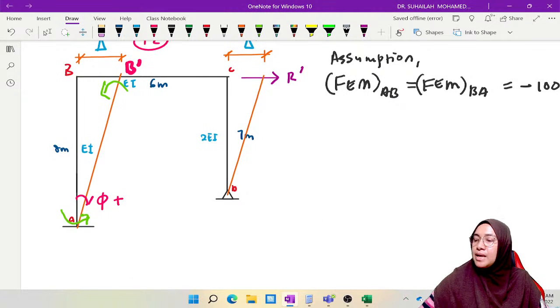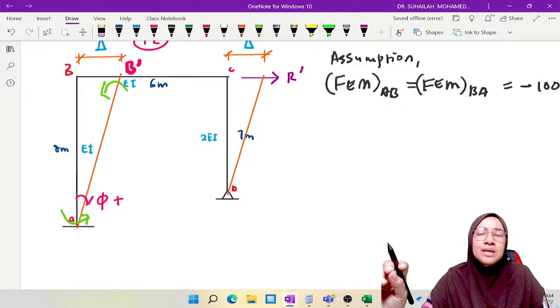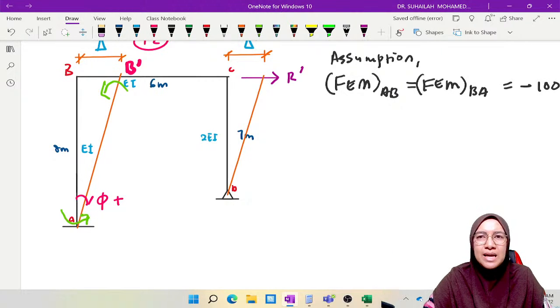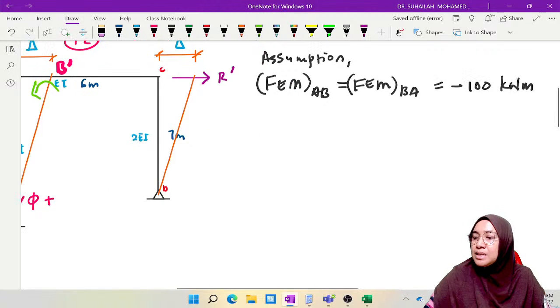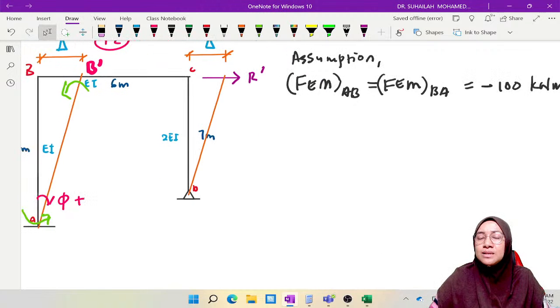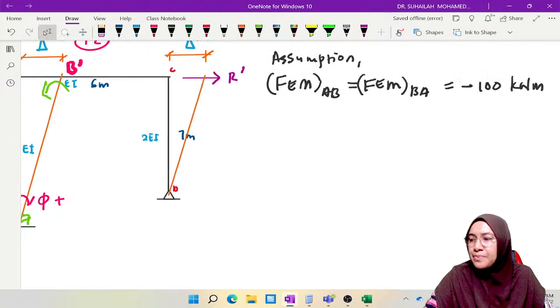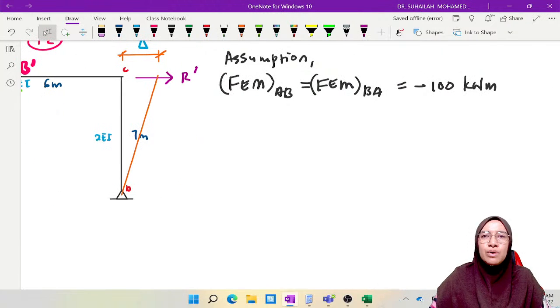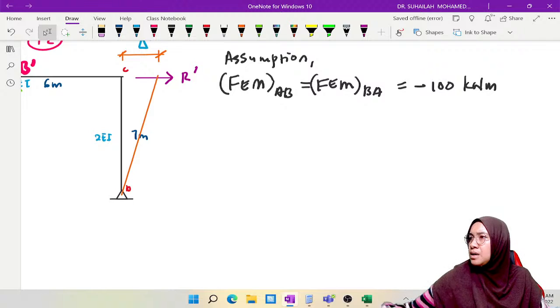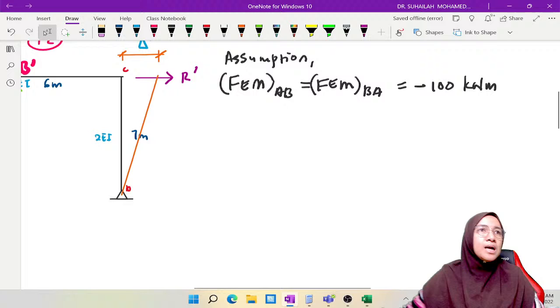So that is the importance of understanding the FEM. The FEM for delta is not the same as FEM due to loading. So it is negative 100 because of the behavior.